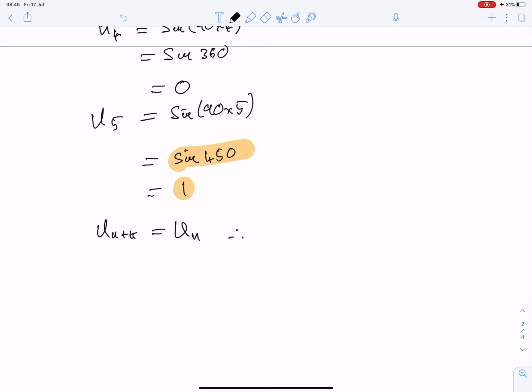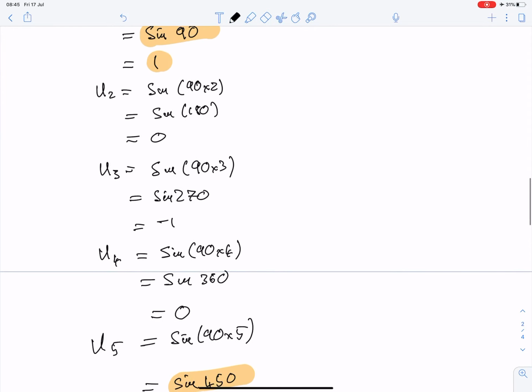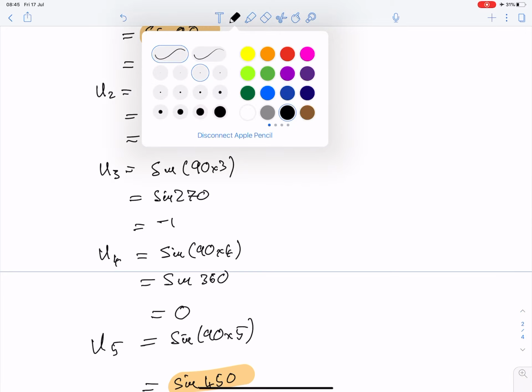Therefore, for all n a member of the set of natural numbers, and k equal to, not 5, because how many terms repeat? It's a block of 4 terms that repeat.